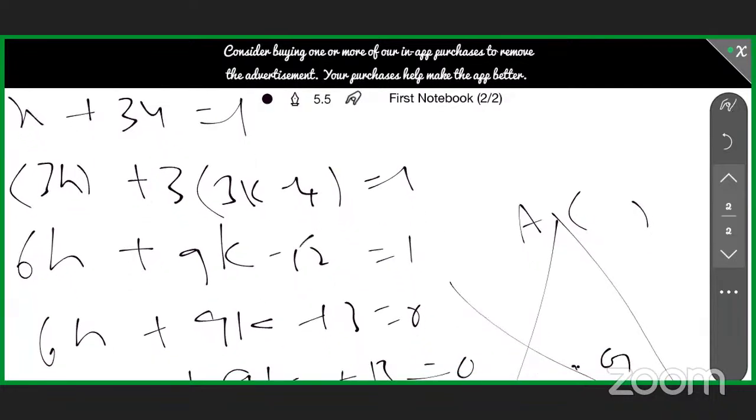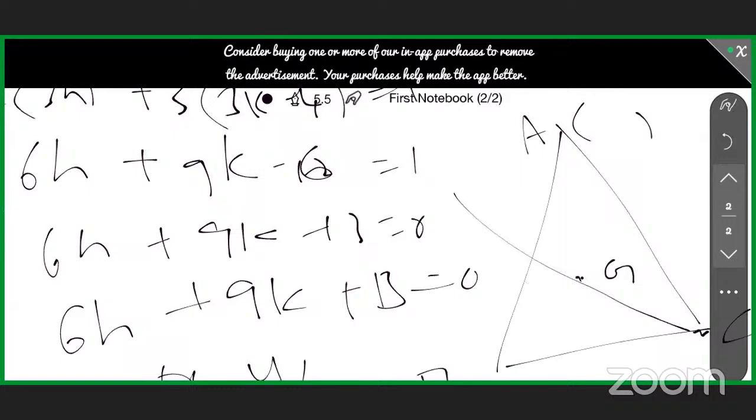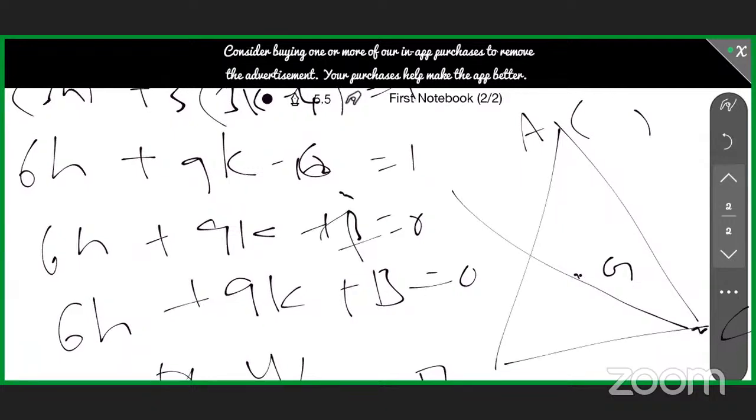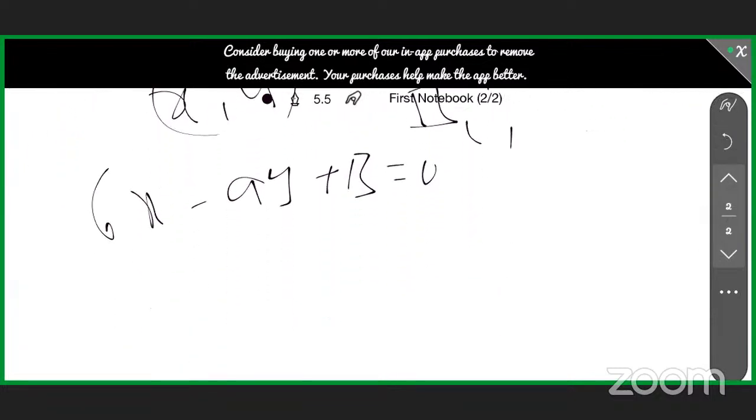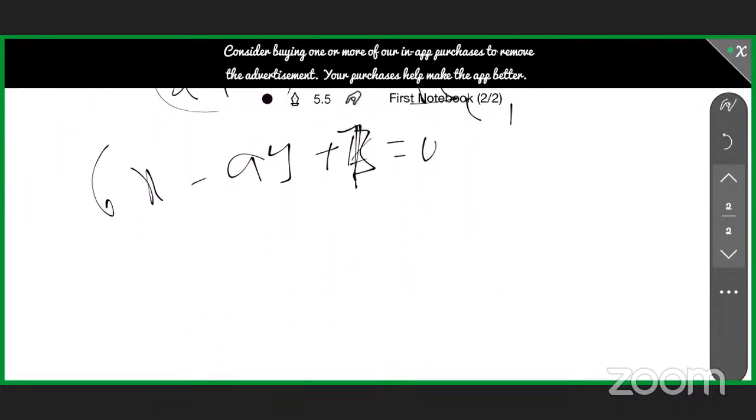This will be 7. So it will be equal to 6x minus 9y plus 7 is equal to 0. Is it clear?